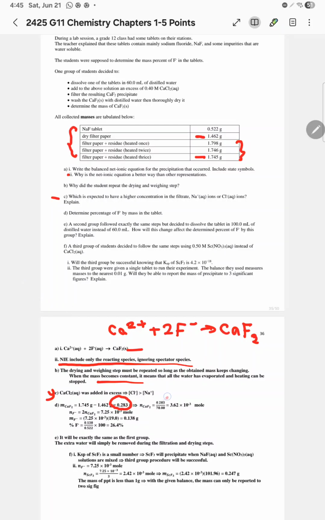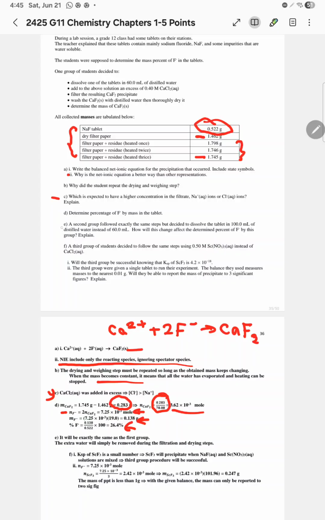Then you divide it by the molar mass of CaF2 to get this many moles. Now the moles of F- are going to be 2 times the moles of CaF2. Why? Because you have 2 F-. So you multiply this number by 2 to get 7.25. Then you multiply it by the molar mass to get the grams, and then you divide the grams by the tablet's mass. This is the exact same question as the one above it, by the way.